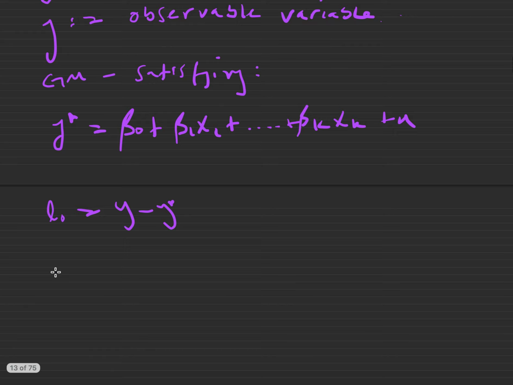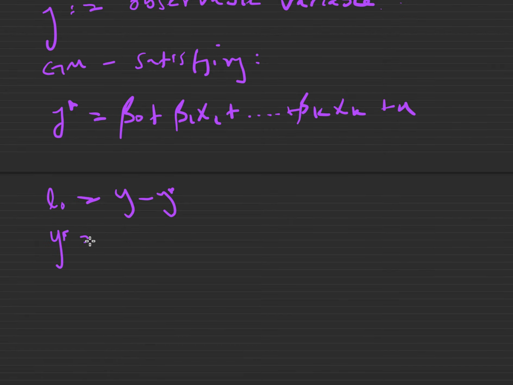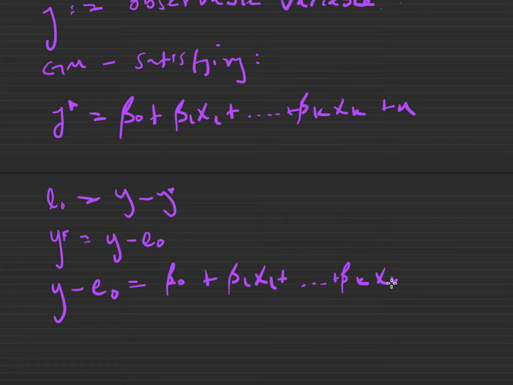We can rewrite this as y star is equal to y minus e0, and then plug this into the population regression function so that we have y minus e0 is equal to beta naught plus beta 1 x1 through beta k xk plus u, and then let's put the error on the other side so that we have y equals beta naught plus beta 1 x1 through beta k xk plus u plus e0.